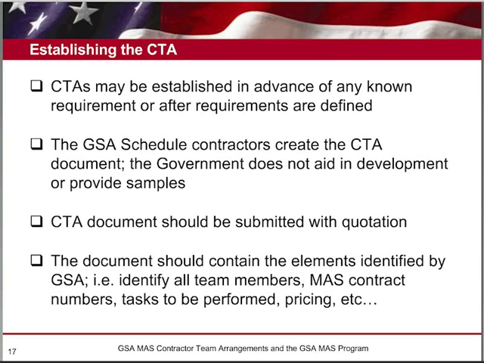Another key element is that the CTA document should be submitted with a quotation in response to an RFQ, and the document really should contain all elements identified by GSA.